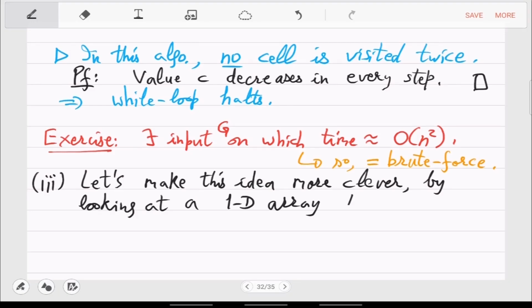So the 1D array, let's call it A, with n elements. And again, the same question: you want to find a local minima. In this case, the picture will generally be like this.